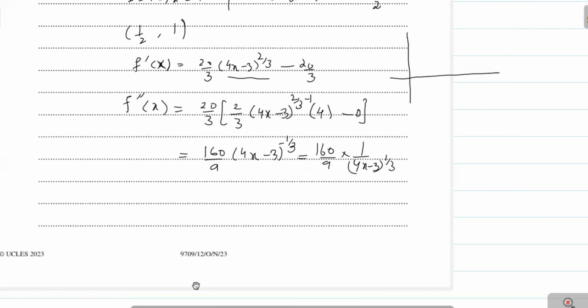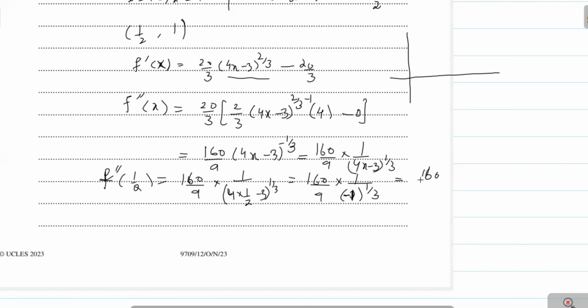Firstly, we put the value 1 over 2 into f double dash of 1 over 2. This equals 160 over 9 into 1 over 4 into 1 over 2 minus 3 power 1 over 3. Here 1 over 2 minus 3 is minus 1, power 1 over 3, and this is a negative value, therefore 160 over 9 into minus 1.